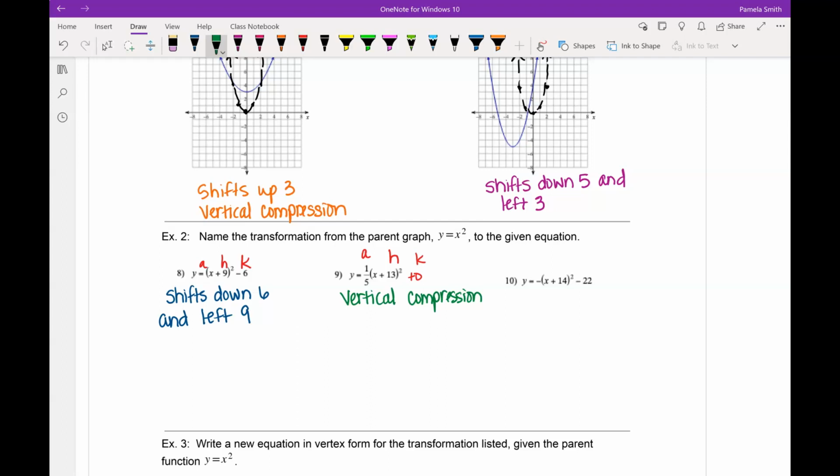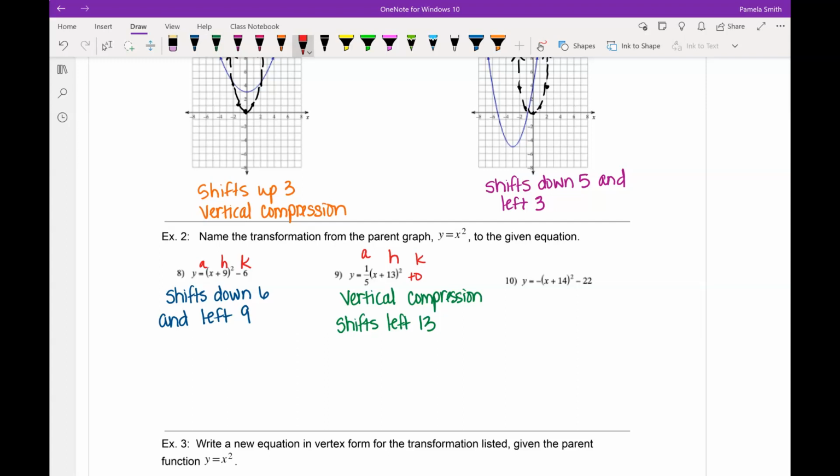And because k is 0, we only have a shift left or right. If that is x plus 13, that means that h equals -13. So this one shifts left 13. We don't have an up or down because of that +0 or the k not being written in the equation.